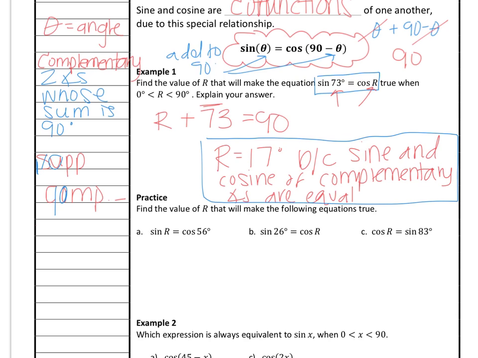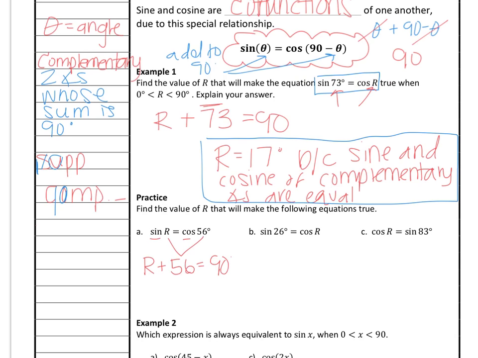So I'm going to start you with this first one, practice A. Then you can check your answer, move on to the next one, check your answer, move on to the next one. Hit play when you're ready to move on to example 2 so that you can see my work, but also check your answers with my answers. So again, we know that we have sine set equal to cosine, so r and 56 should add to 90.